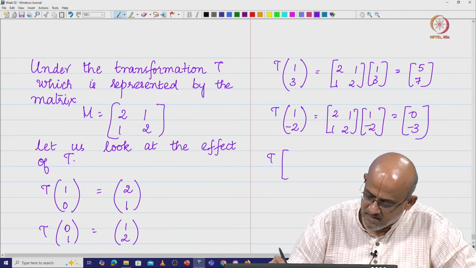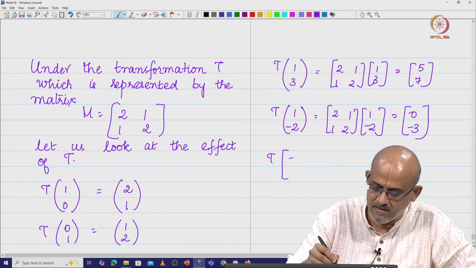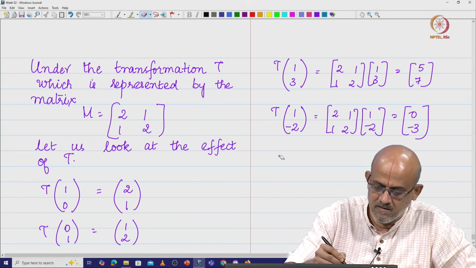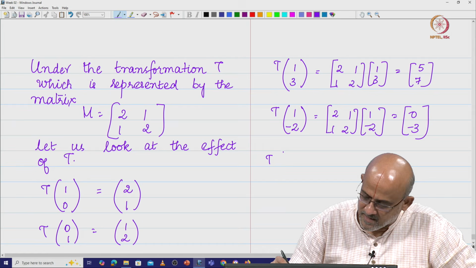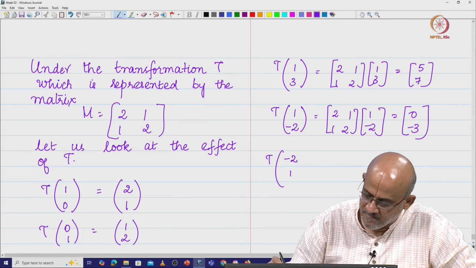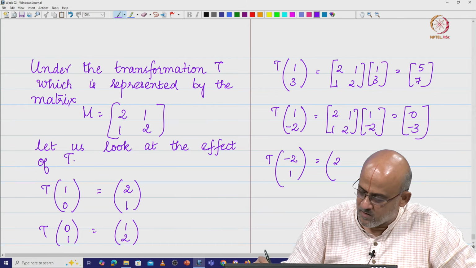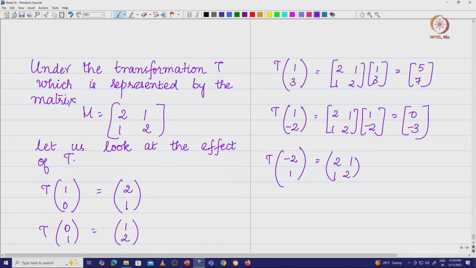Let me try the transformation of this vector, let us say (minus 2, 1). That is going to be [2 1; 1 2] into (minus 2, 1), which is nothing but minus 4 plus 1, which is minus 3, and then 1 into minus 2 plus 2 into 1, which is 0.